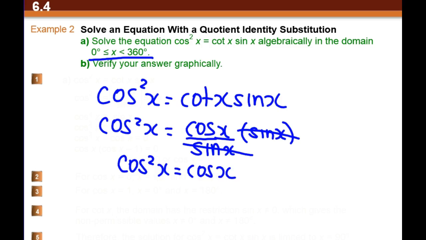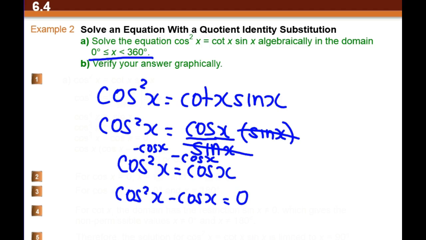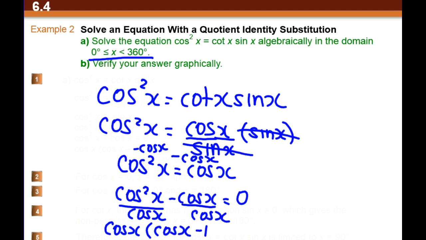So if we move everybody onto one side, so let's subtract this cos x over, we get cos squared x minus cos x equals 0. So now what could we do? Yeah, divide by cos x, and we're left with cos x that we divided out on the outside, and we have a cos x minus 1 on the inside. Okay, so now we just have two pieces.